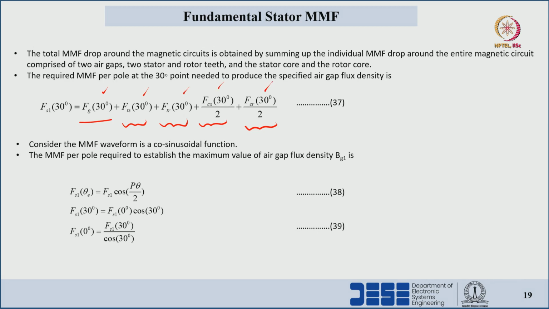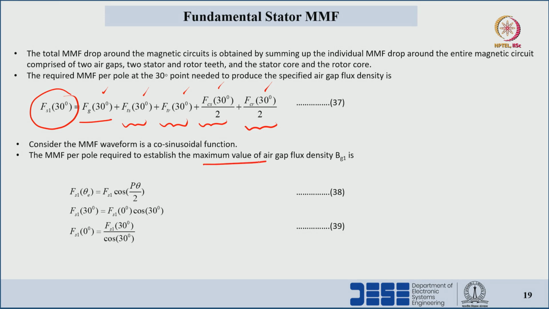Based upon that, the MMF with respect to the stator side per pole at 30 degrees, in order to establish the air gap fields, is nothing but Fs1 of 30 degrees.